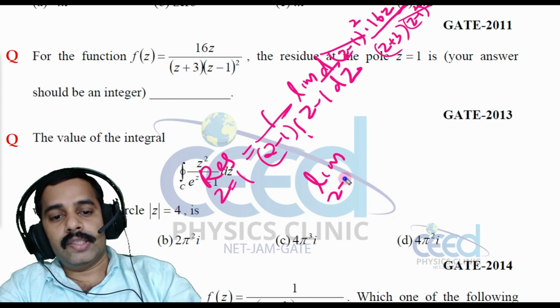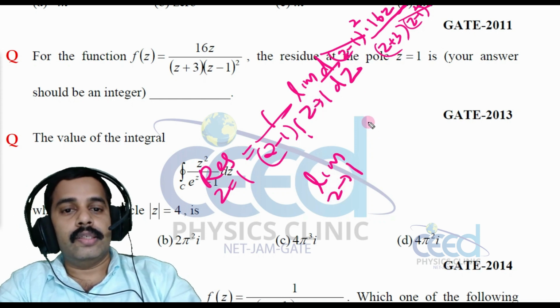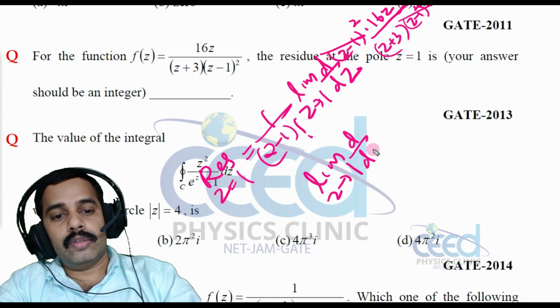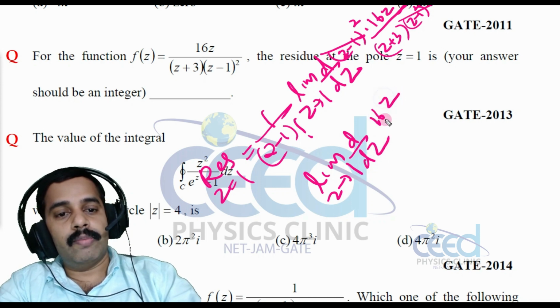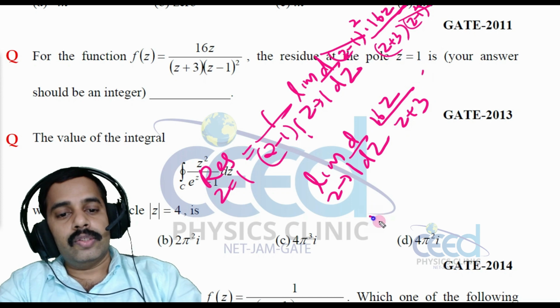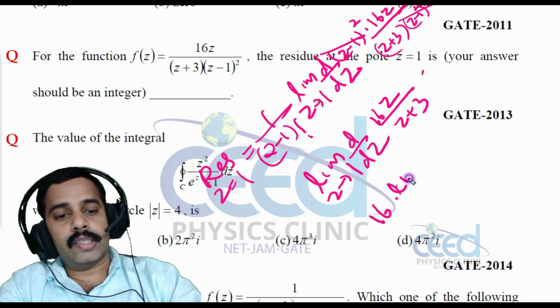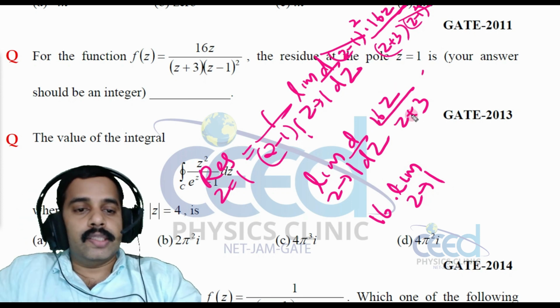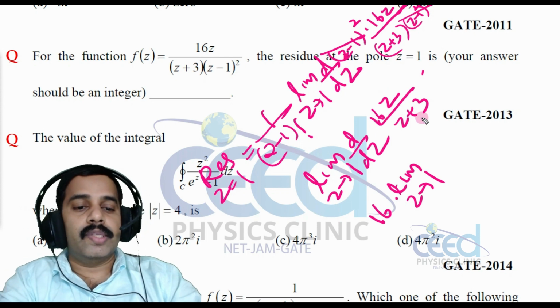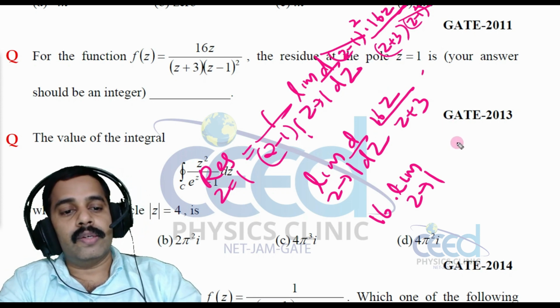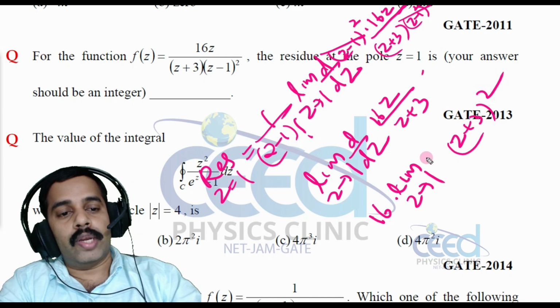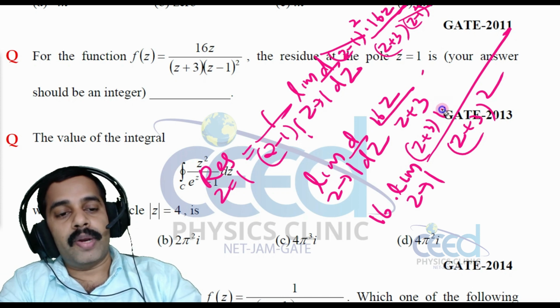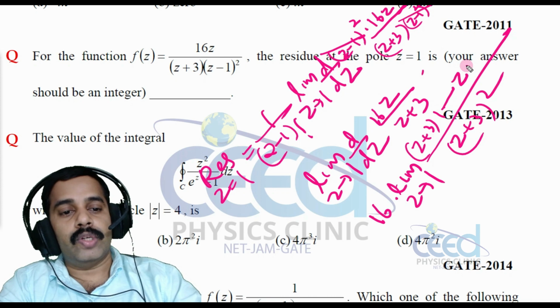So limit as z tends to 1, d by dz of 16z by z plus 3. 16 we can take out. On differentiation of z by z plus 3, we get (z plus 3) whole square in the denominator, into derivative of numerator, that is 1, minus numerator into derivative of denominator.